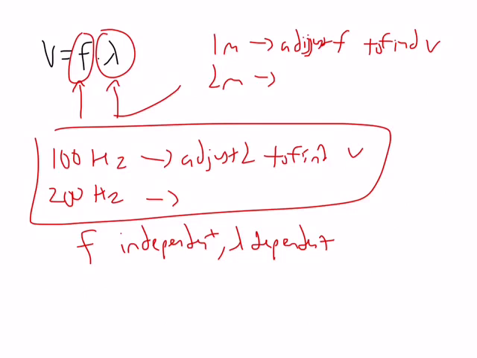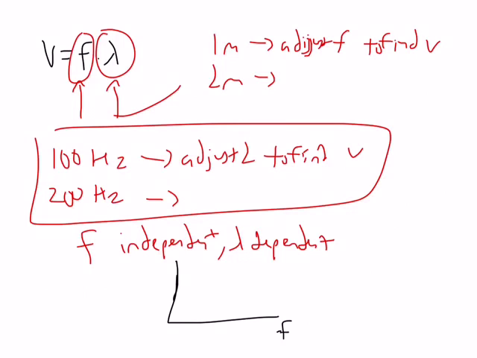We control the frequency of the sine wave generator, and then we adjust the length L, or the wavelength of the wave, to match it to get a standing wave. So if this is the case, our graph should look something like this. There has to be something with frequency on the x-axis, and our y value has to be related to lambda.